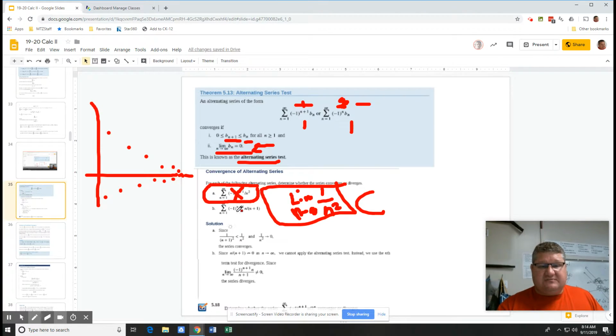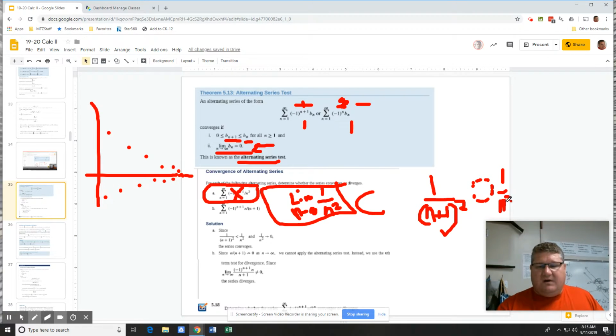So here's the question. Is the next term, 1 over n plus 1 squared, greater than or less than 1 over n squared? Well, obviously we added 1, so the denominator is bigger, so this is going to be smaller. So is the difference getting smaller? Yes.